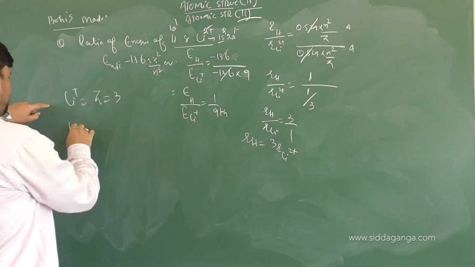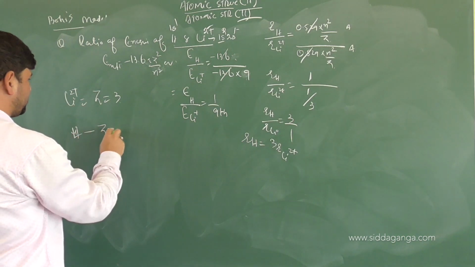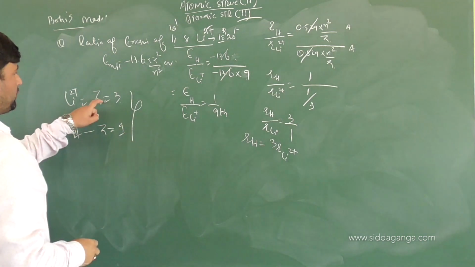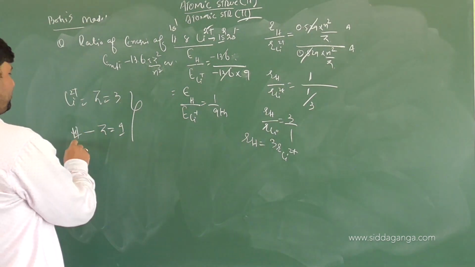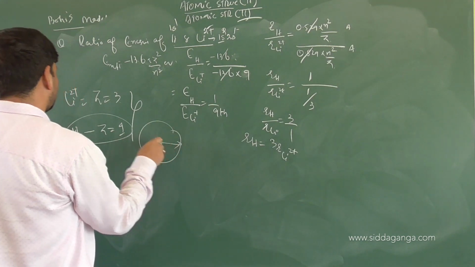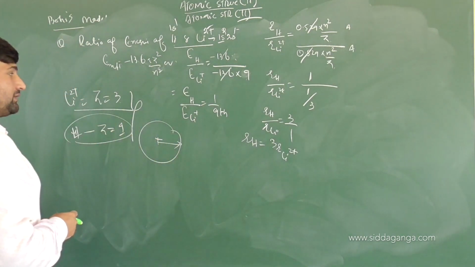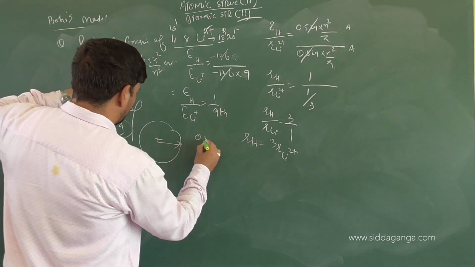In lithium 2 plus it is 3, and in hydrogen, what is nuclear charge equal to? 1. So naturally nuclear pull will be 3 times more than that of hydrogen. As a result, the electron of hydrogen will be far compared to the radius of which one? Lithium.